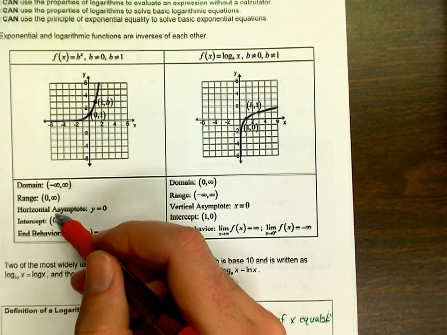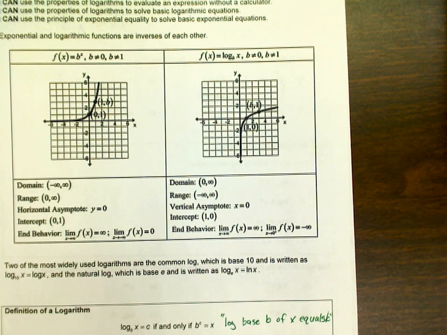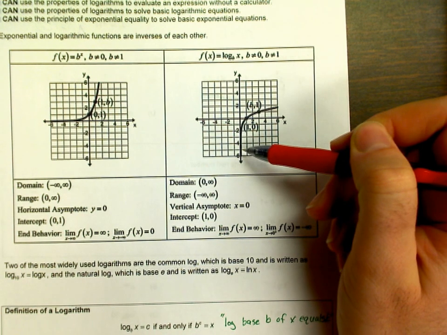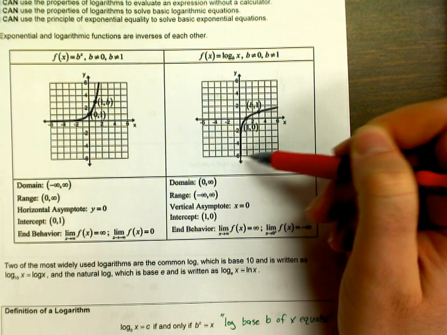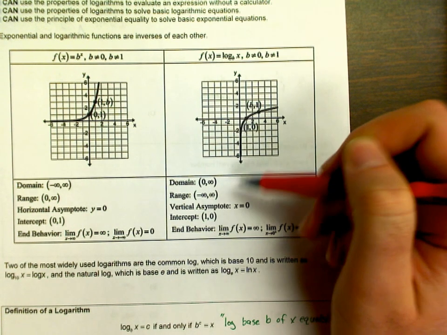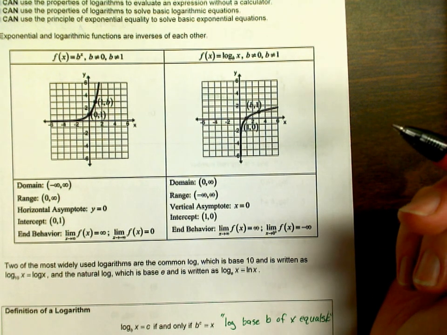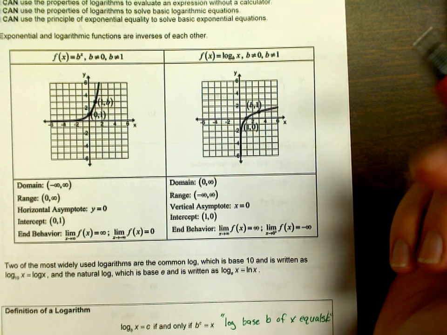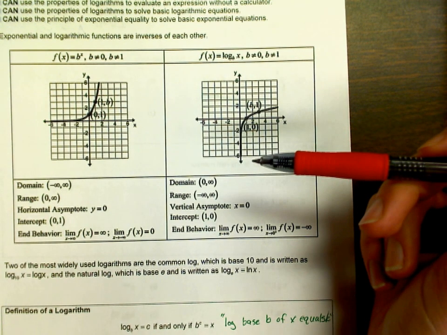When we find the inverse, we switch our x and y values, which switches the domain and the range. So the domain of the log function is from 0 to infinity, and the range is negative infinity to positive infinity. So we can't have any of our input values of x being less than 0.